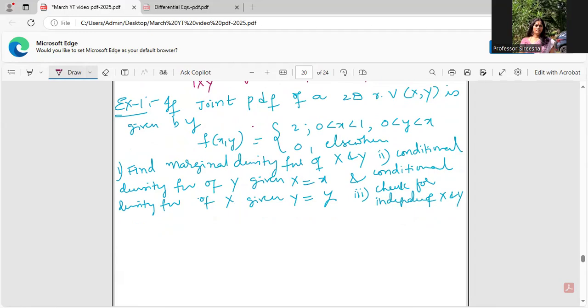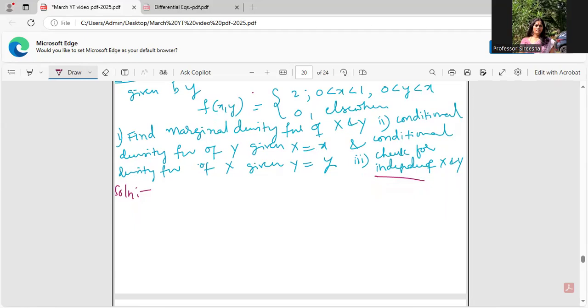Also, the conditional density function of y given x and conditional density of x given y. Also check for the independence of x and y. Independence here is nothing but the stochastic independence that we'll be checking. Even if I'm asked just to find the independence, I'll be needing the marginal density functions, guys. So anyways, I thought I will take all these questions.